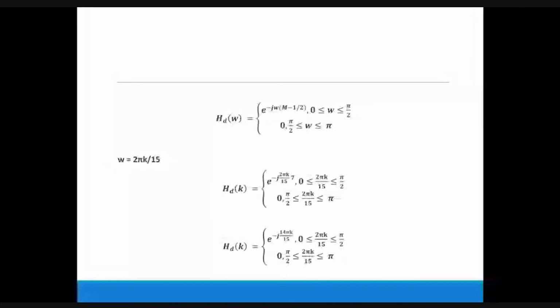Omega has the value 2 pi k by 15. The general equation of omega is 2 pi k by M. So here M is equal to 15.